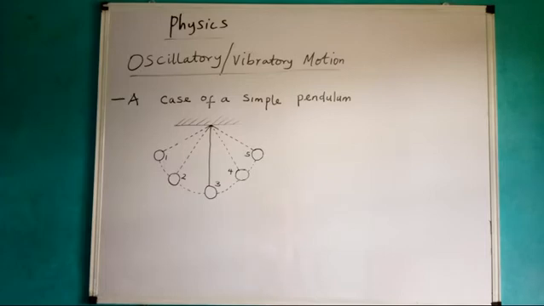Now, what is oscillatory or vibratory motion? Please don't forget that I have taught you this aspect before. I told you that oscillatory motion is a motion of a body about its mid position. Example of such motion: a child on a swing is pushed, and the swing moves to and fro about its mid position.